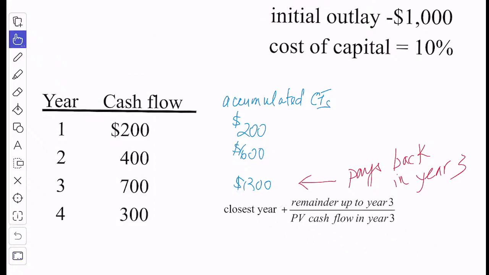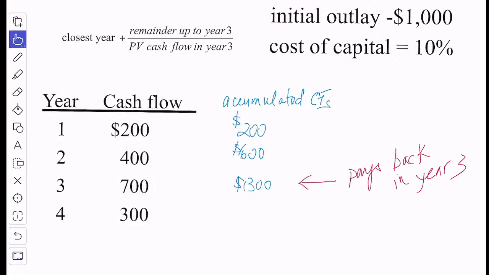So this rule is take the closest year and then add a fraction. You need a fraction of the following year, year three's cash flows. You need a fraction of those, in this case just 400, right? So you need 400 of the 700. You don't need all of it.